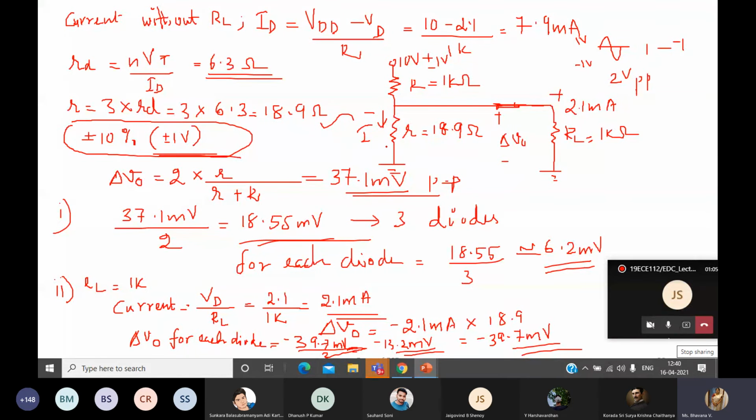KCL you know, right? The total current at this junction should be equal to? Here it will be 2.1 milliampere positive current the load is drawing. So what will be the current flowing through the three diodes? Minus, decreases by 2.1 milliampere. Is it clear for you? Yes, ma'am. Thank you.